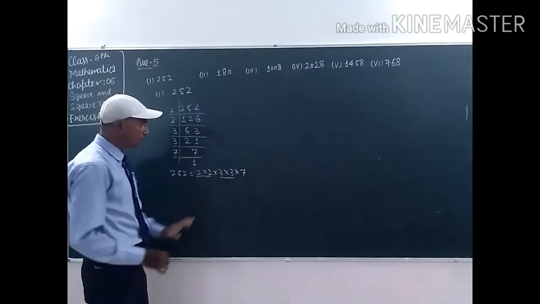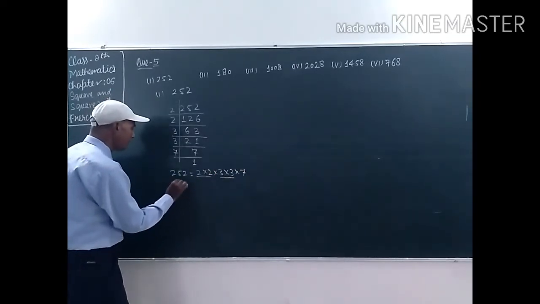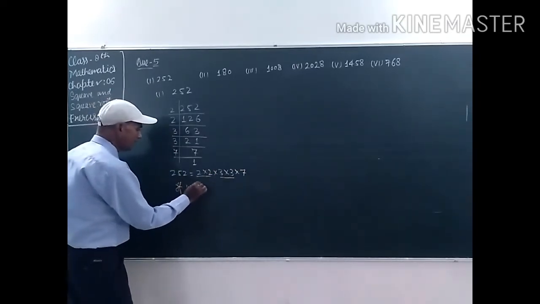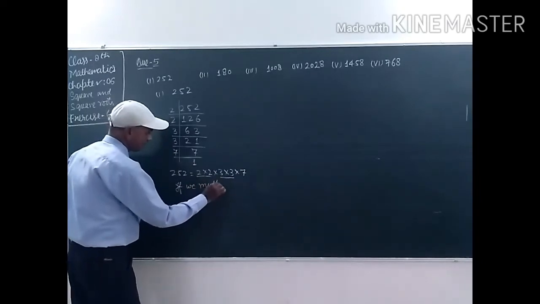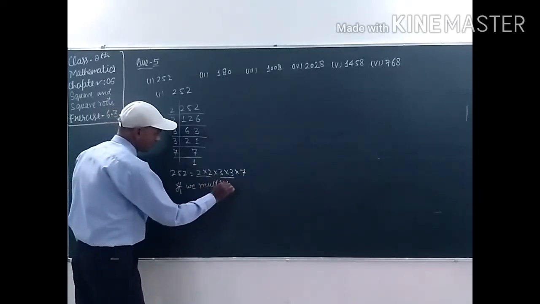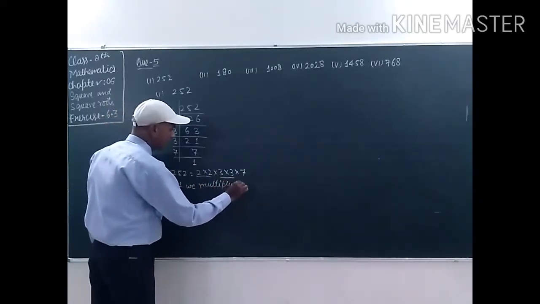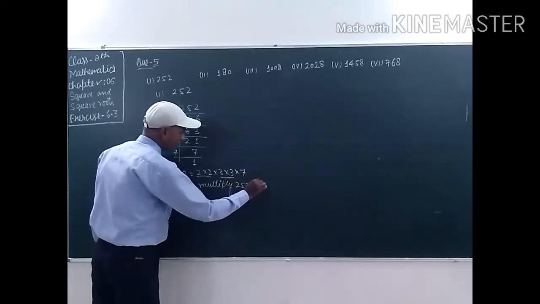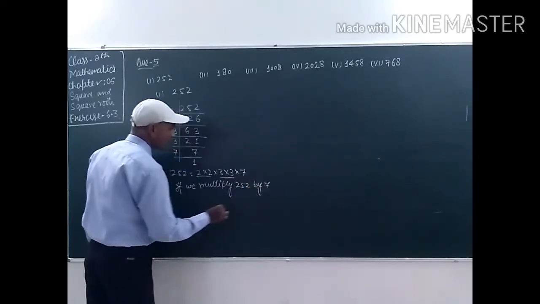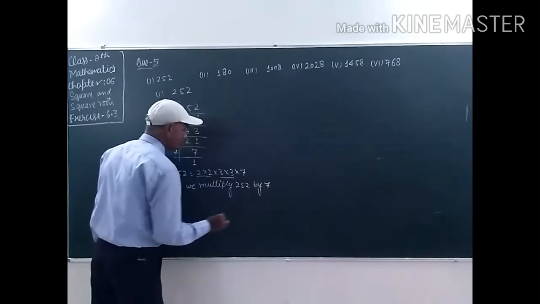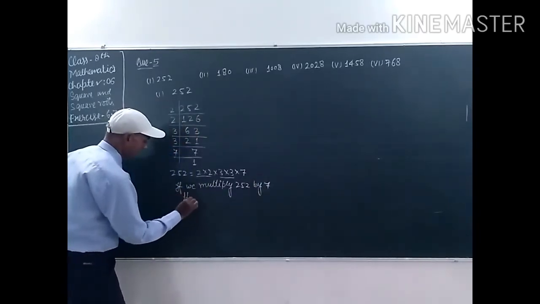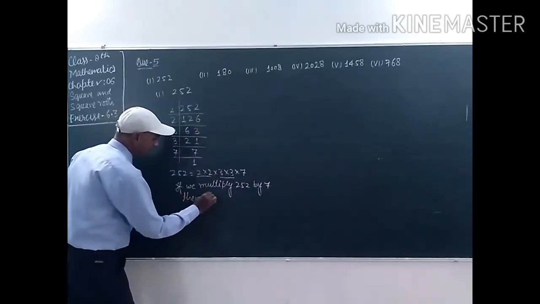Clear, student? So if we multiply 252 by 7, this one 7, then it will be a perfect square.